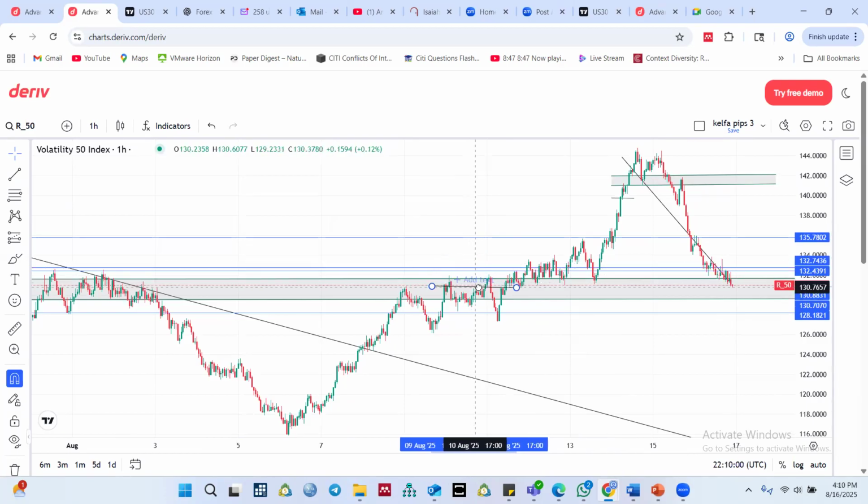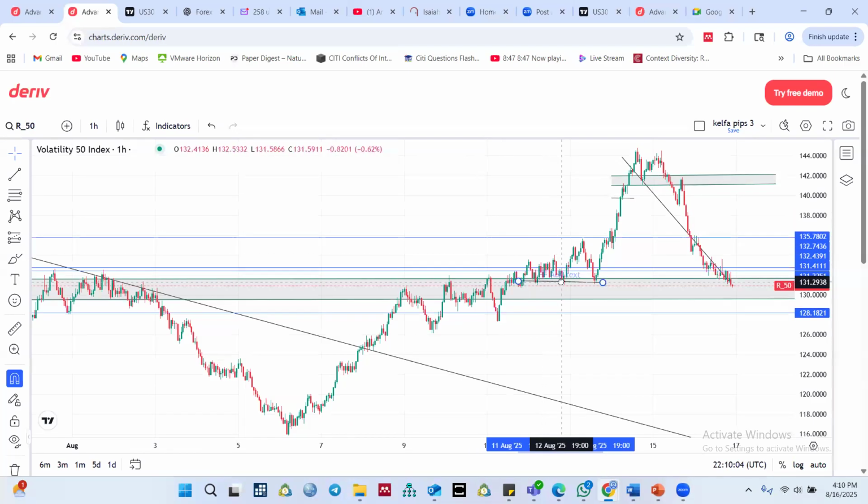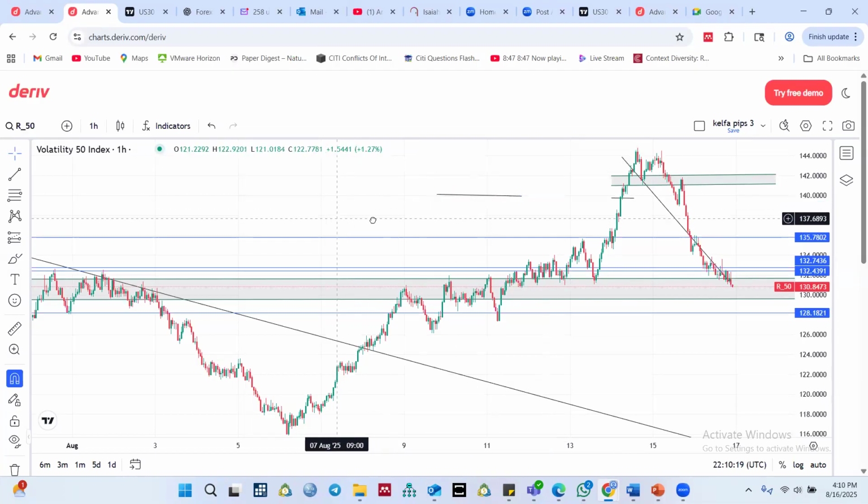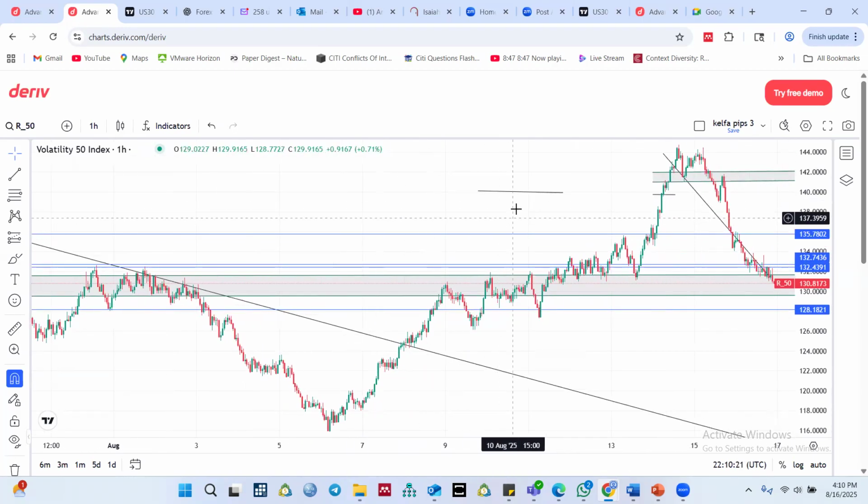Touch it, move up, touch it, move up, touch it, move up. How many times? Let's say one, two, three, fourth time move up. So mostly three times, the fourth time, you should know that it is going to be strong.